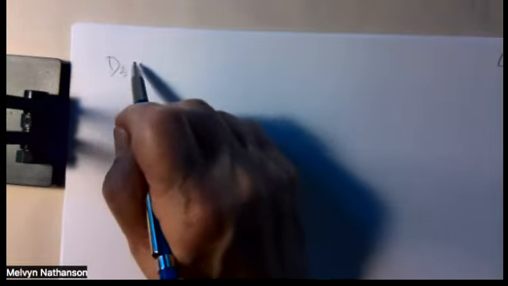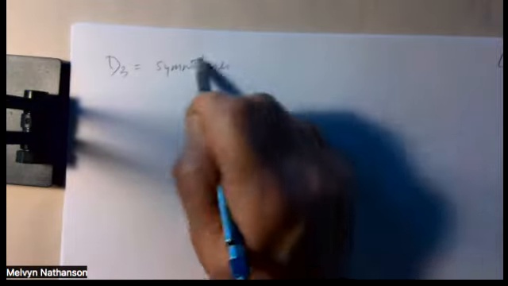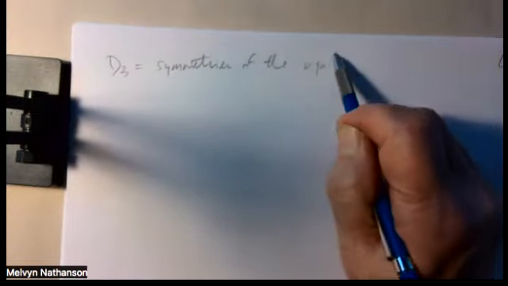To show the following: suppose we let D3 be the set of symmetries of the equilateral triangle. Let's say this time I label the vertices 1, 2, and 3.